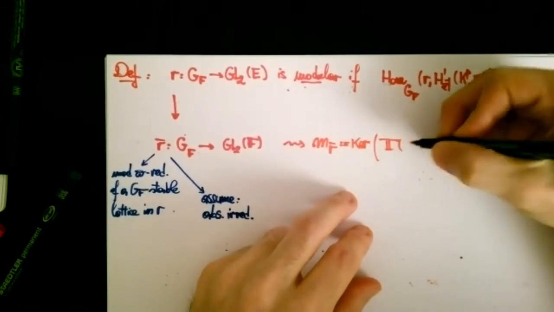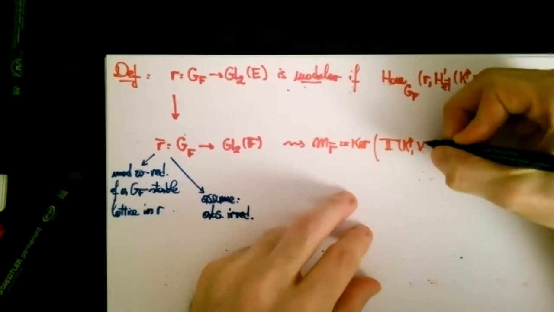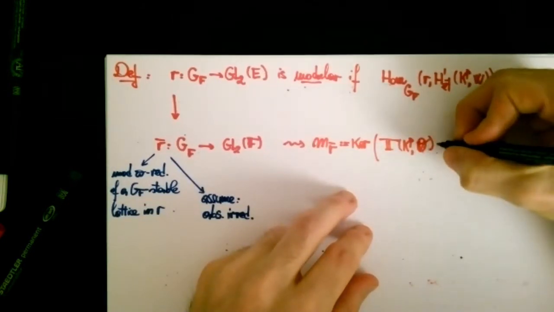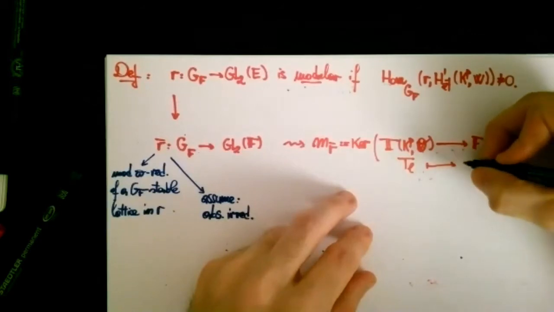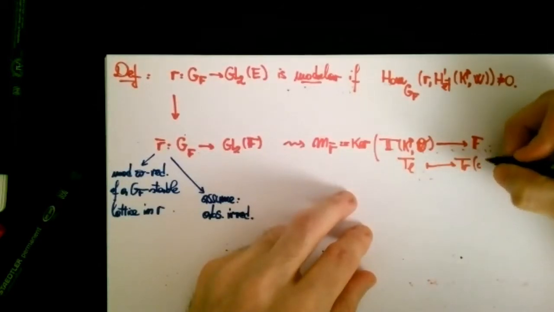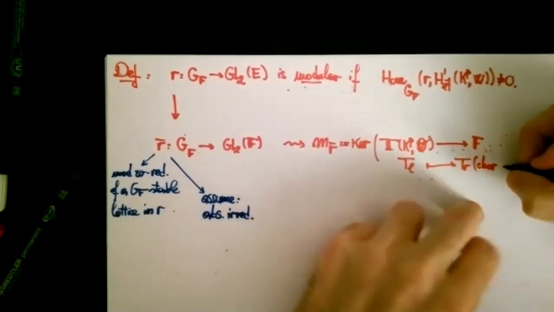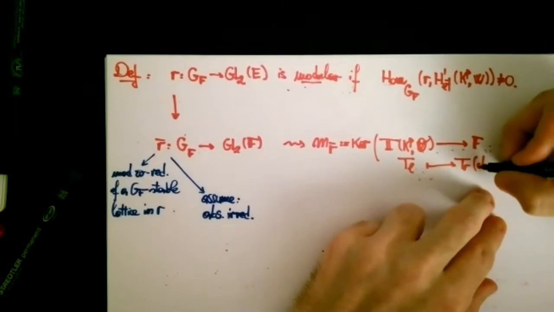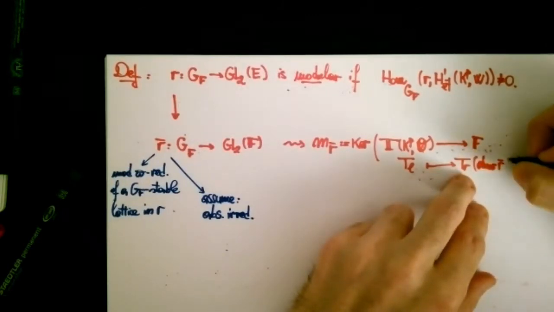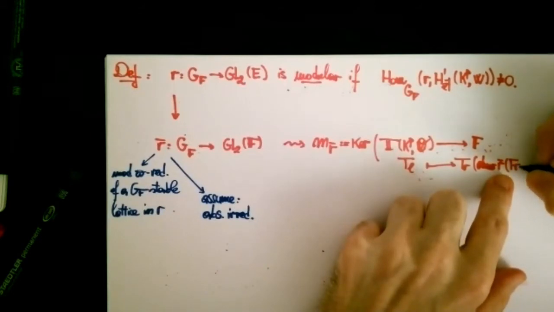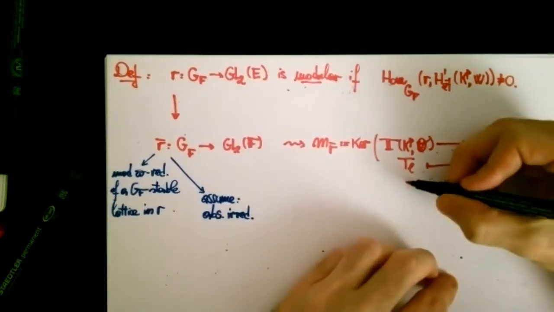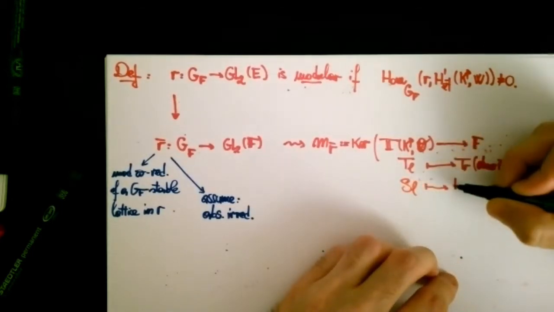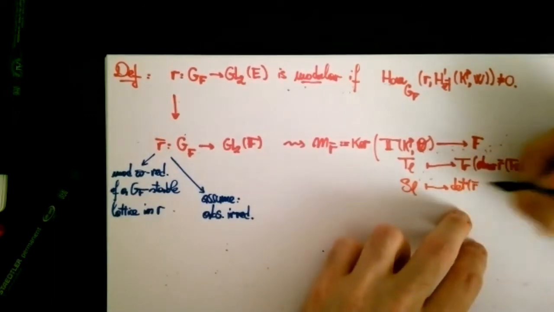So from the Hecke algebra, T K upper P O to F, which associates T L to the trace of R bar specialized at the Frobenius at L, and S L goes to the determinant of R bar Frobenius.